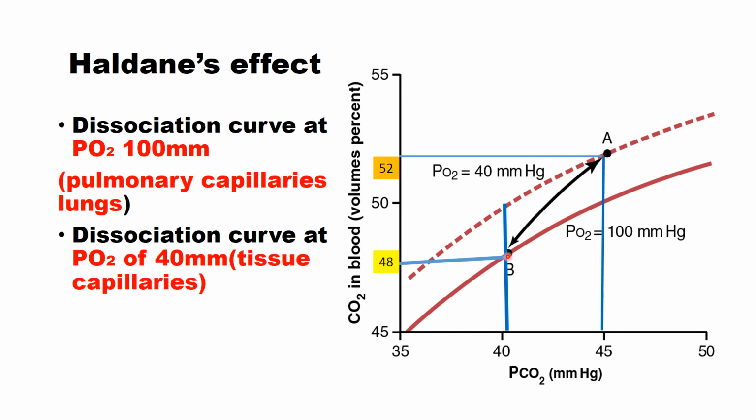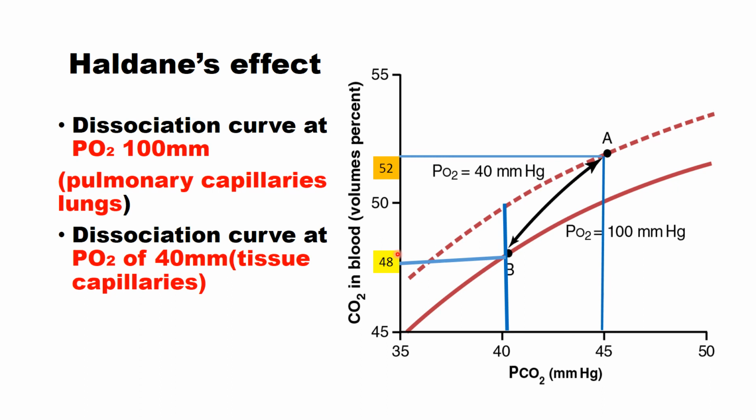So at point B, which is at the level of lung, we can see that the carbon dioxide content in the blood is 48%. That means the carbon dioxide content has decreased from 52% at the level of tissues to 48% at the level of lung.